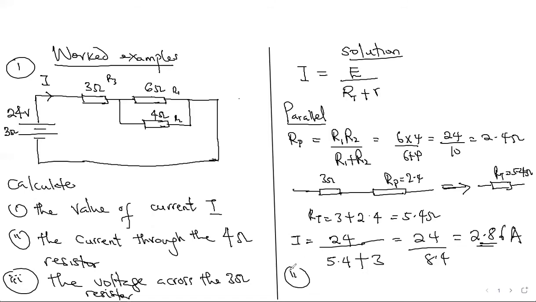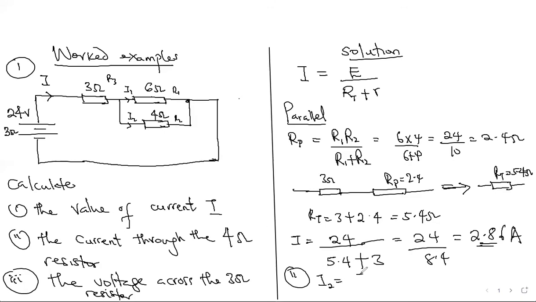If I call the current that will flow through this I1 and this current I2, we know the current that will flow through this 3 ohm resistor is I, since it's connected in series to the battery. These two currents will recombine here and form I again, and keep going around the circuit.